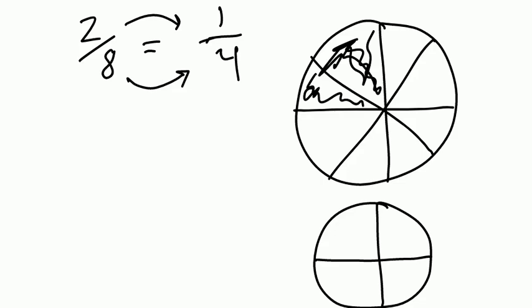And again, up here we have the 2 out of 8, and then we have 1 out of 4. You can see according to the pictures they look equal, but then when we come up here, we know that these are equal, again, because this got divided by 2, and this got divided by 2.